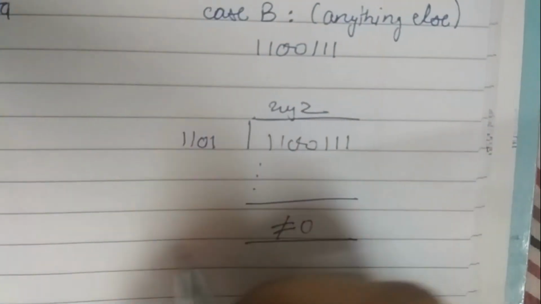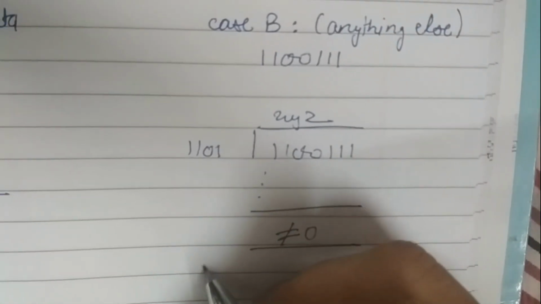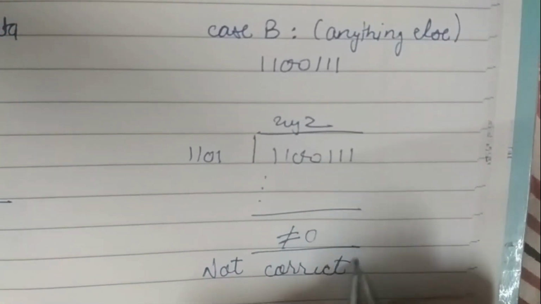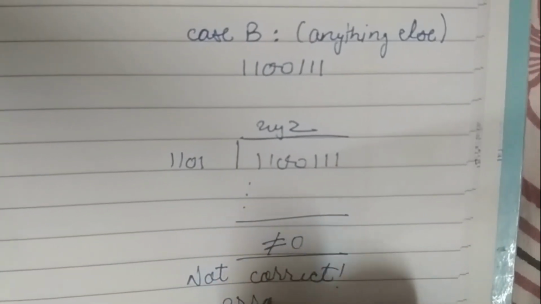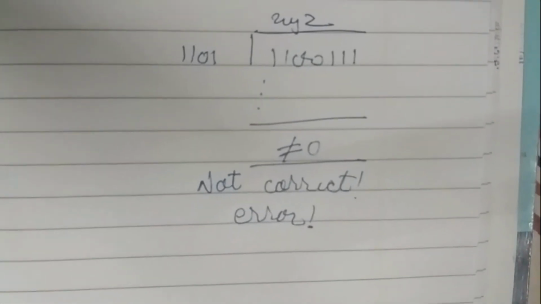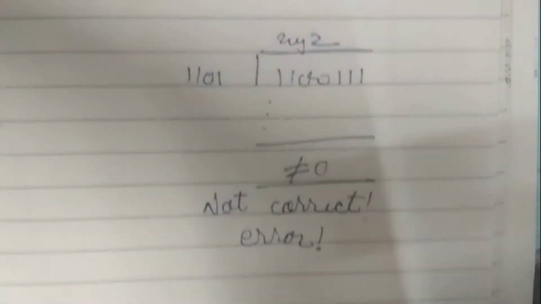This will tell our code that this is not correct and that some error exists. Now let's move on to the coding part. I hope you have understood this.